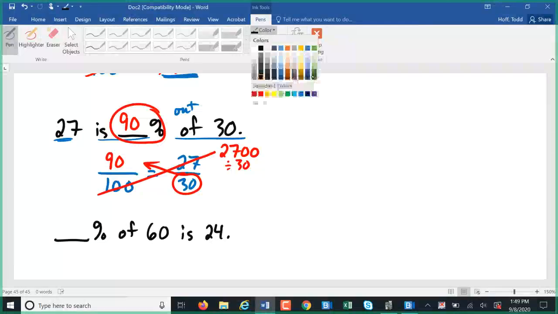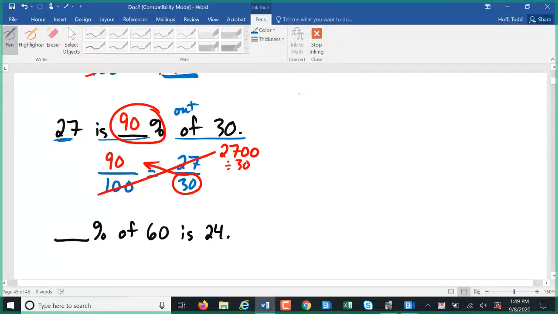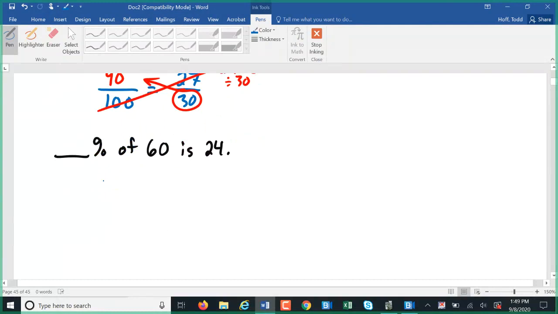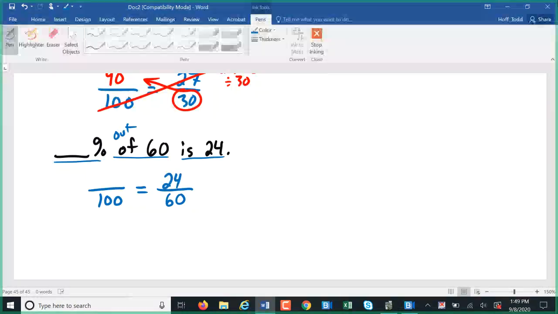We might have blank percent of 60 is 24. Once again, we're missing the percent, so we'll start out with blank out of 100. Of 60 can be read as out of 60, implies the 60 goes on bottom. Blank percent is 24, implies the 24 goes with our missing percent.